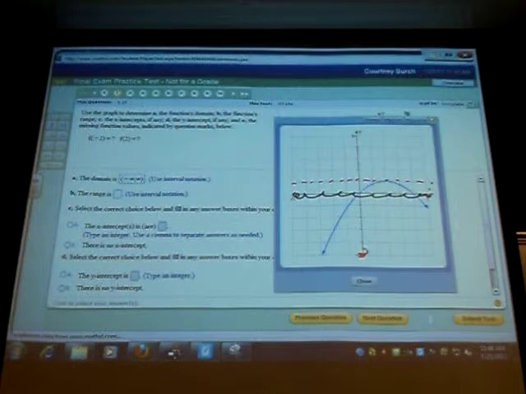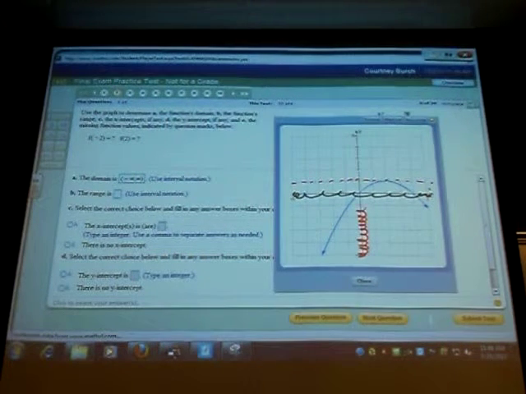So I would do negative infinity up to positive 1. Okay, and I'm going to use a bracket on that. It's just at a height of 1 on the y-axis.